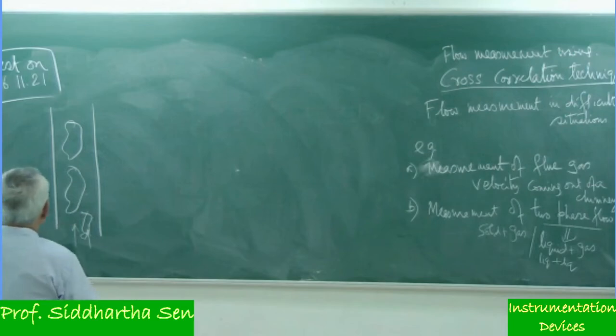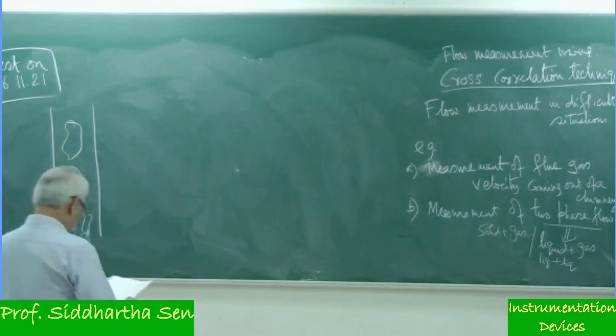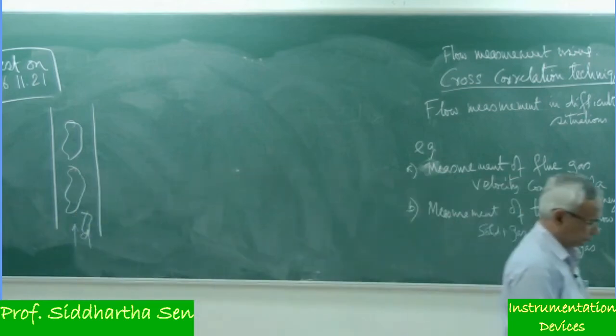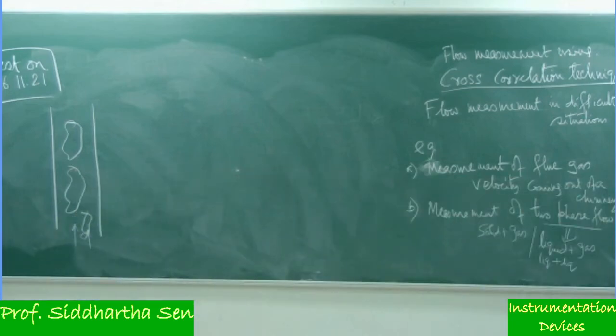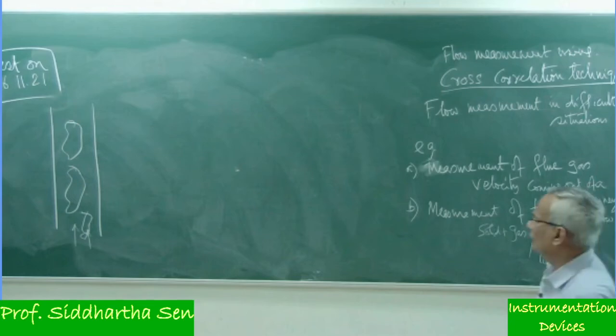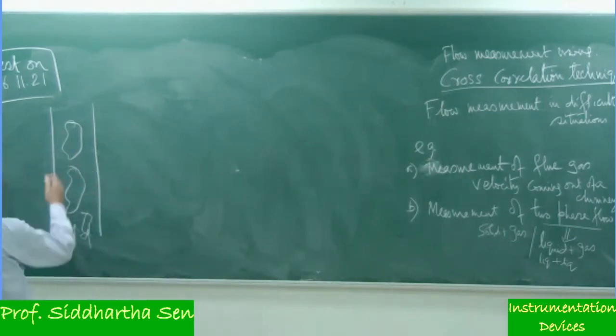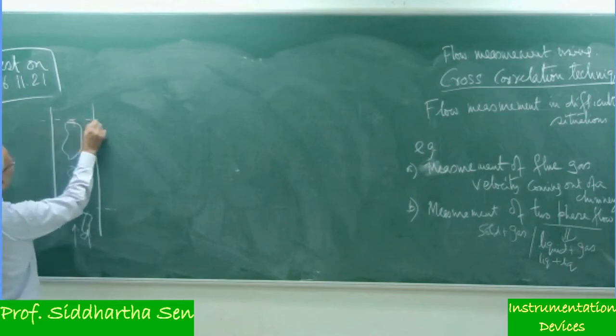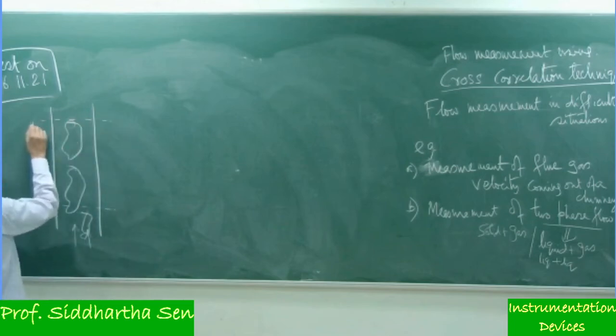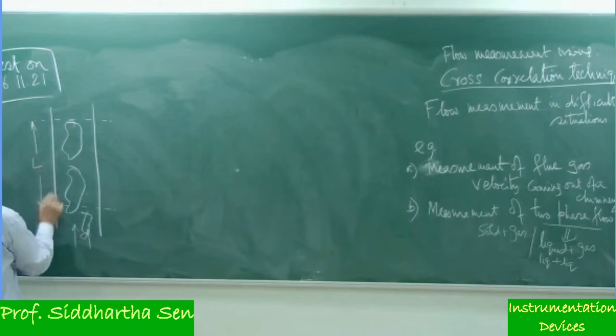So what is a cross correlation technique? First of all, I will go for the cross correlation technique afterwards, but I just say it in this way. Suppose it is going like this, and I consider two sections along this path, which are having a length of L like this.